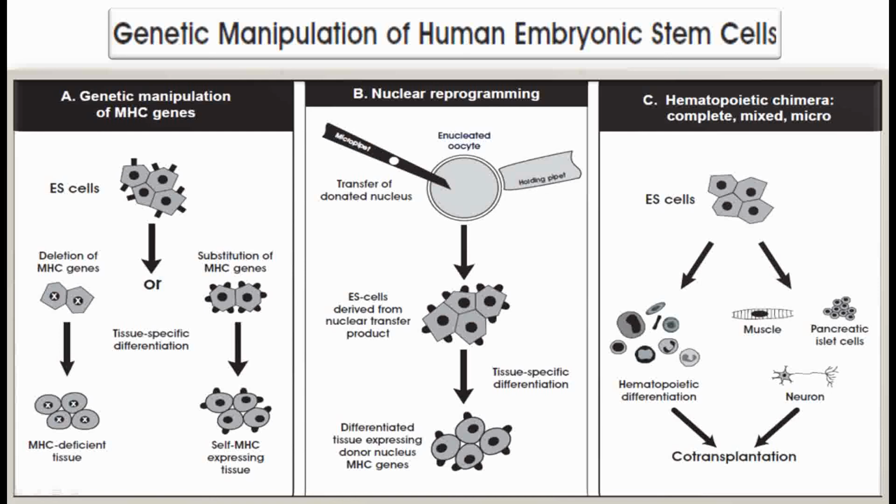So let us see genetic manipulation. This is an embryonic stem cell. Here, if there is deletion of the MHC gene, then it will result in MHC deficient tissues. If there is substitution of MHC genes, then this will result in self-MHC expressing tissue.